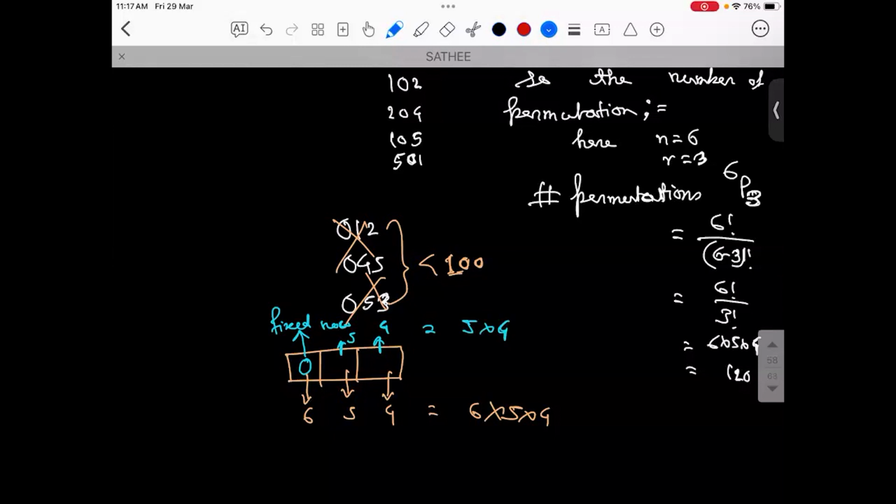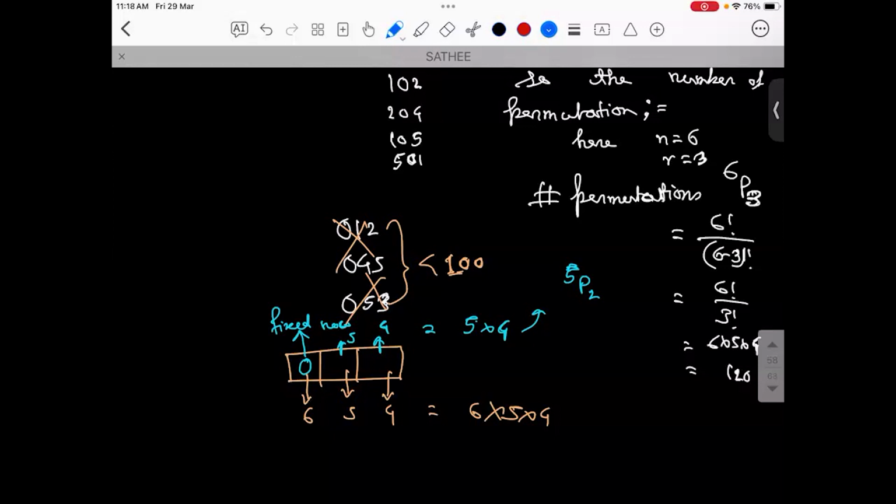In terms of permutation, this can be written as 5P2. Why 5P2? Because the first element is fixed, so we are not considering 0 as a digit. We are left with only 5 digits and only 2 places, and we are just finding all possible permutations.